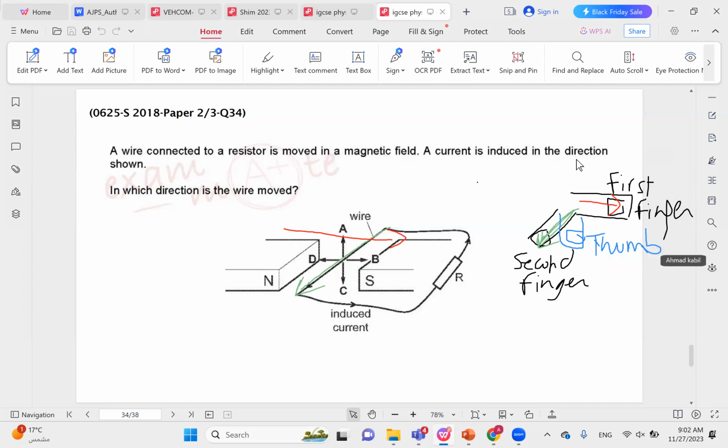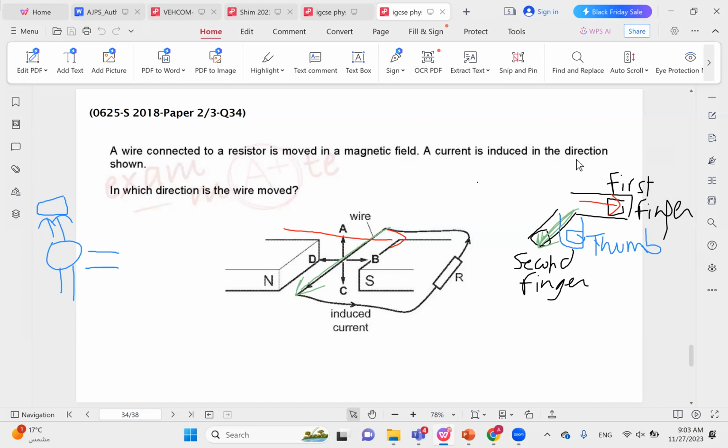So the only way that your hand can be positioned in a way so that your first finger is to the right and your second finger is out of the page is if your thumb is pointing downwards. And if you want to imagine it better, if this is you sitting in front of the laptop, looking in this direction at the laptop screen, your right hand is stretched to the right.